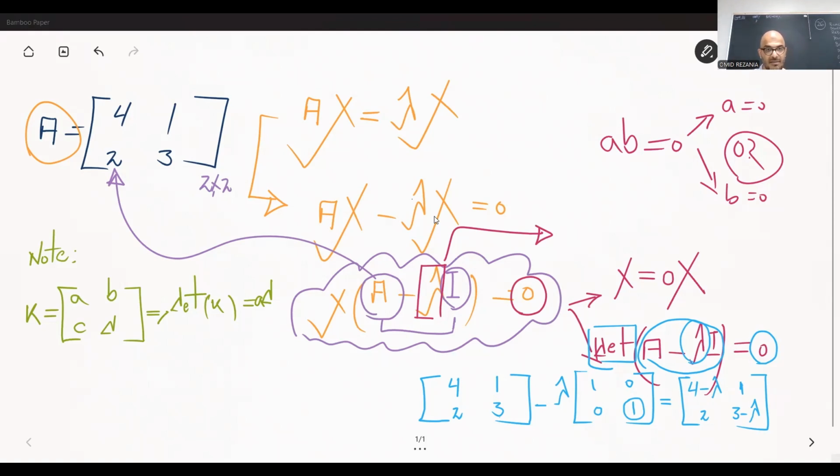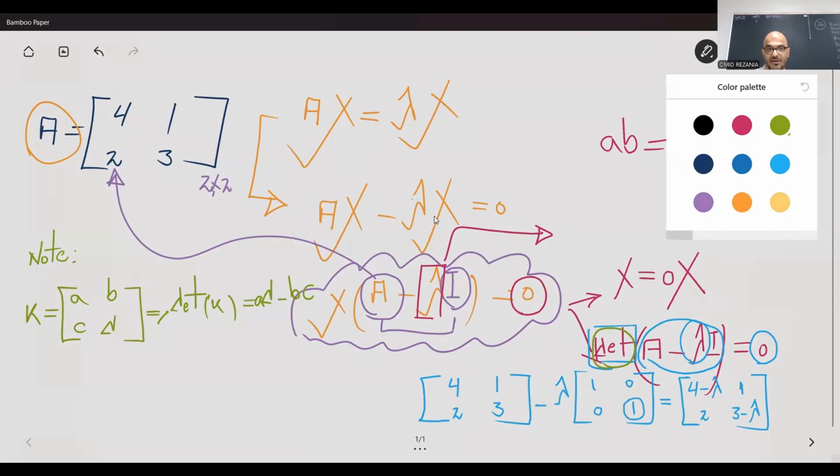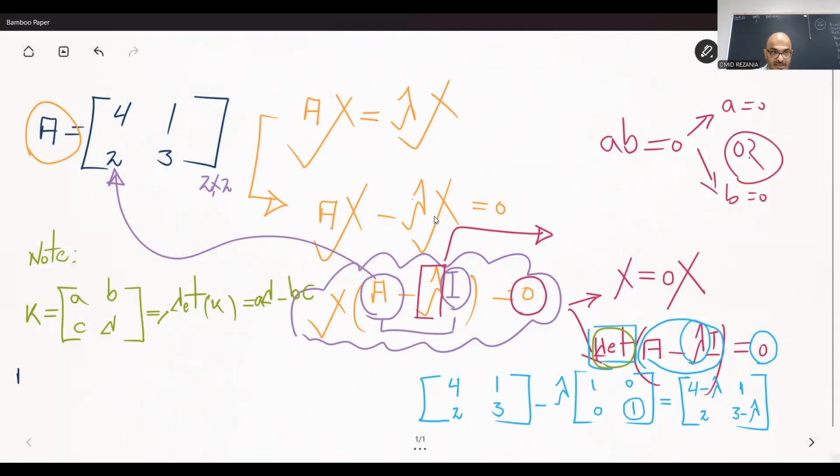Then it becomes AD minus BC. That's what we learned last week, the determinant of the square matrix 2 by 2. Then look at this one. What I need to find is the determinant of this matrix, which I have over here.